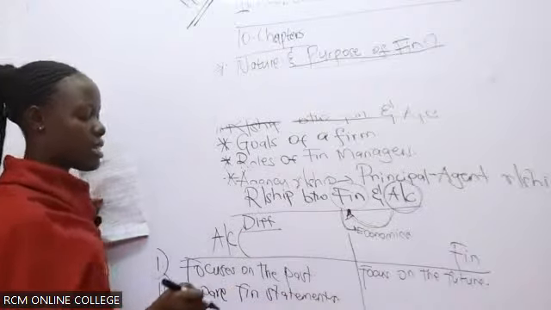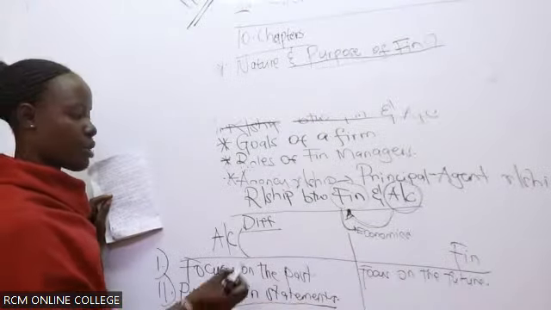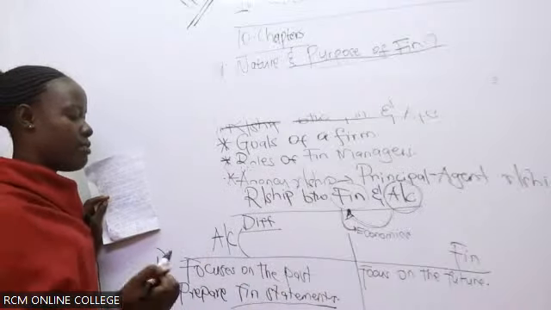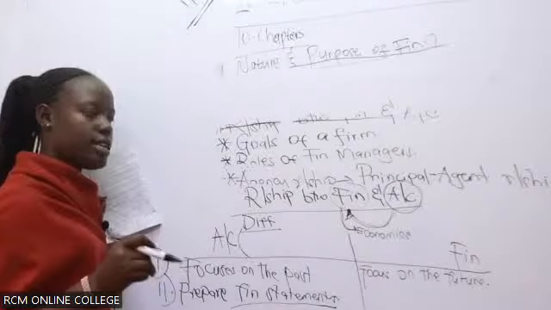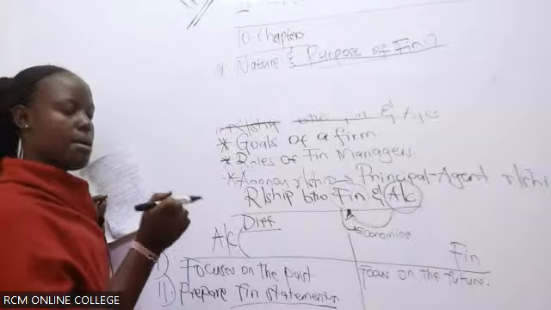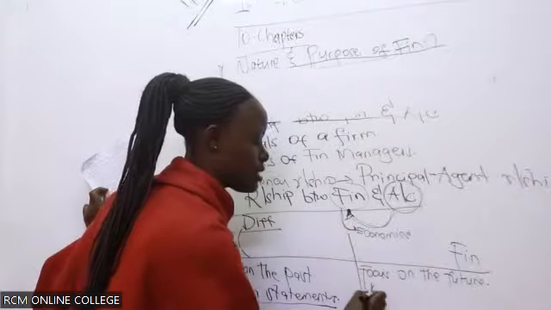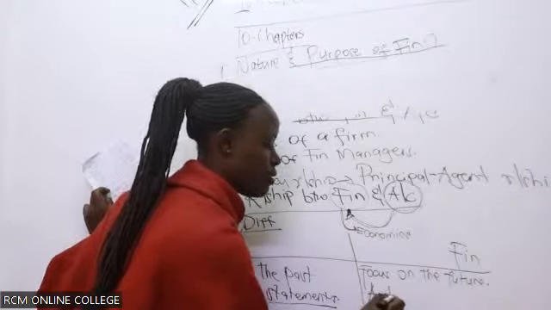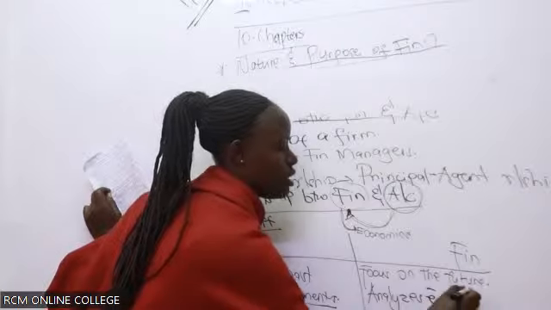While finance on the other side analyzes these financial statements. So accounts will prepare the financial statements, while finance will analyze the financial statements prepared in the accounts discipline.